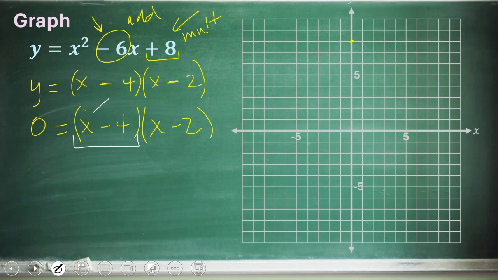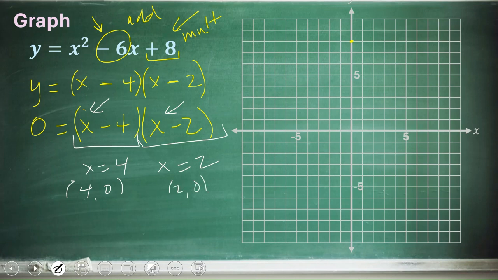So in this case, what does x have to be to make this 0? It has to be 4, right? Because 4 minus 4 is 0, and 0 times my other binomial is 0. And then what value does this x have to take on to make this entire binomial 0? If you said 2, you are correct. So I have x-intercepts at (4, 0) and at (2, 0).